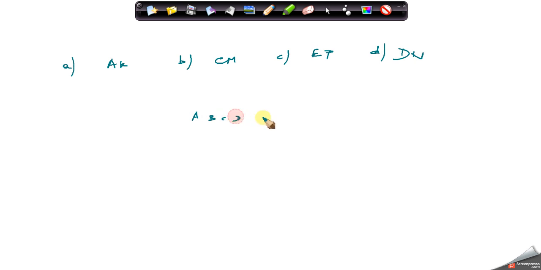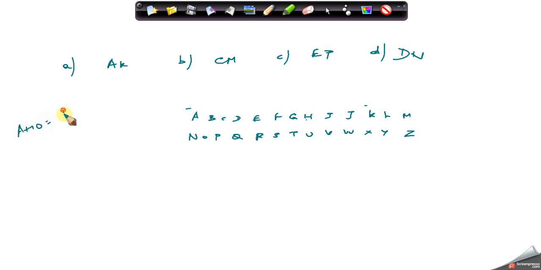A, B, C, D, E, F, G, H, I, J, K, L, M, N, O, P, Q, R, S, T, U, V, W, X, Y, Z. A is there, K is there, right? So this is A, this is K. 1, 2, 3, 4, 5, 6, 7, 8, 9, 10. So A plus 10 is equal to K.